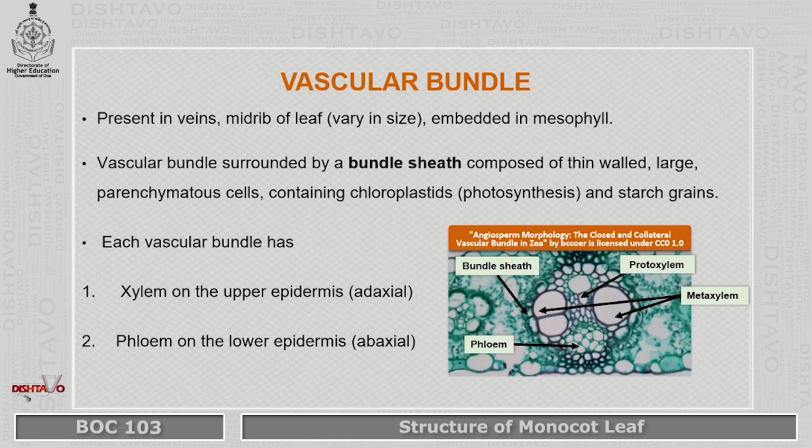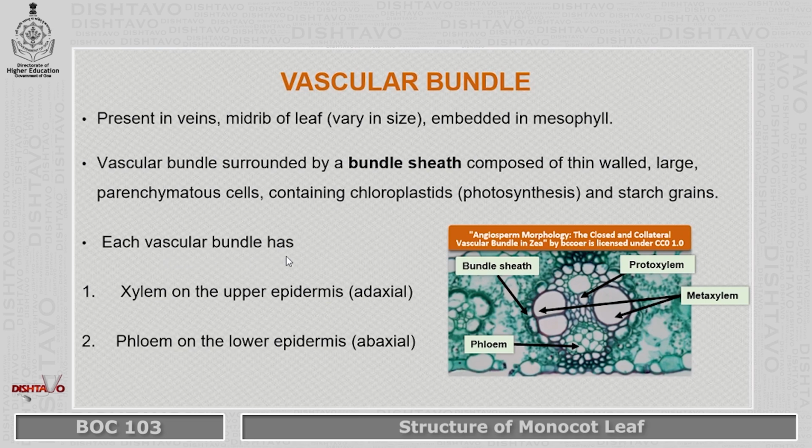Vascular bundle consists of a thin layer of cells which are called the bundle sheath cells. These cells are parenchymatous in nature, but as the plant matures, they turn sclerenchymatous. When they turn sclerenchymatous, they provide rigidity or mechanical support to the plant. These cells contain chloroplastids and starch grains.